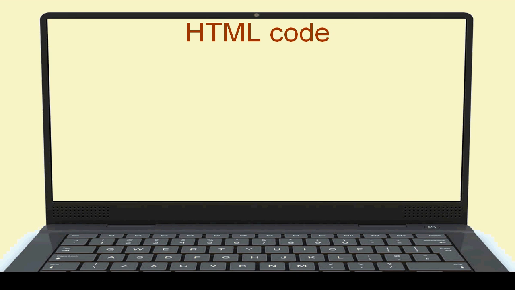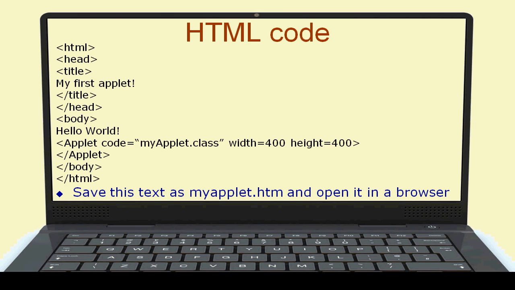All that remains is to associate the myapplet.class with the HTML code. Open the HTML code that we have written earlier and add these two lines. Applet code equals myapplet.class, width equals 400, height equals 400 is the area which is earmarked for the display of the applet output.